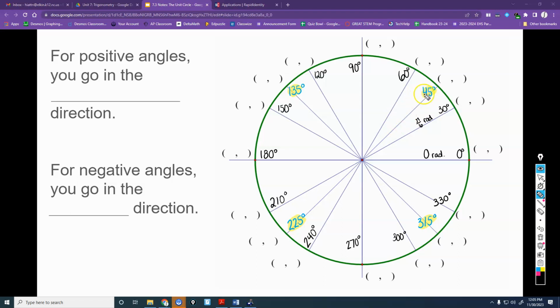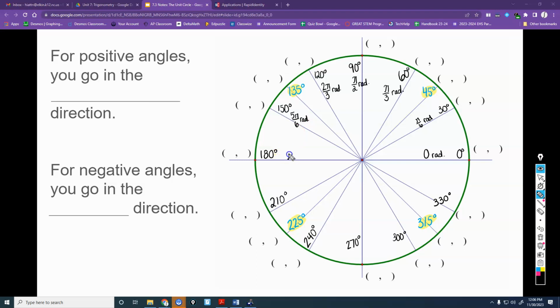This one is going to be pi over 3 radians. Right here we'll have pi over 2 radians. Right here we will have 2 pi over 3 radians. This one will be 5 pi over 6 radians.